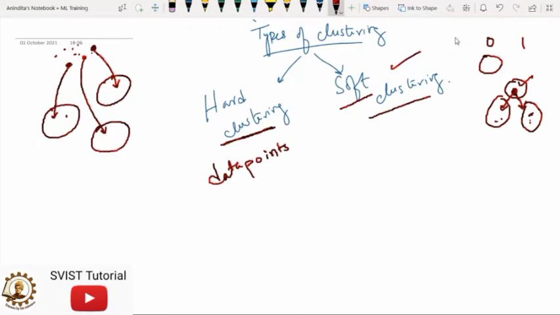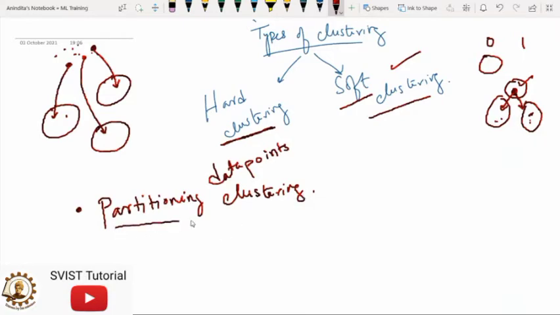But there are also various other approaches to clustering. I will mention the overall types of clustering which are very significant in machine learning. The first kind of clustering is known as partitioning clustering. What is partitioning clustering all about?